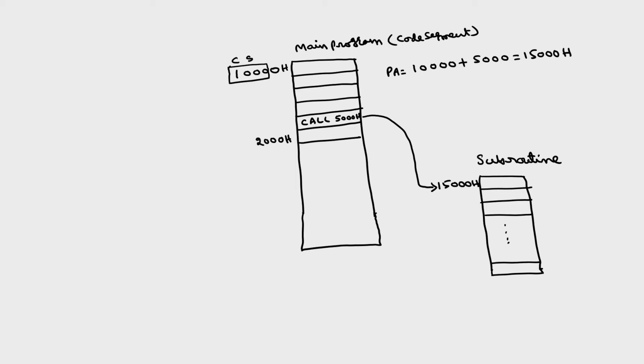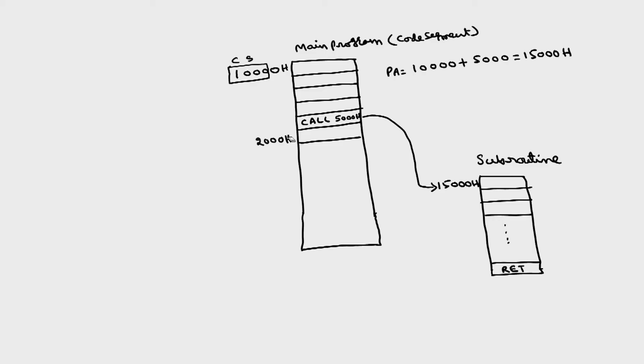This is the difference between the interrupt and this main program, this subroutine. So, it has to return back, the last instruction of the subroutine is return. So, how does the microprocessor know that it has to return to the instruction which is next to the call instruction, which is this 20,000 H, if I write the physical address 20,000 H.